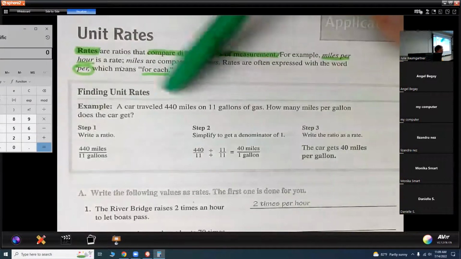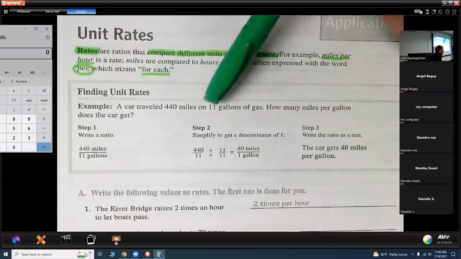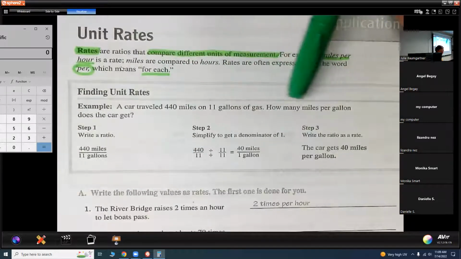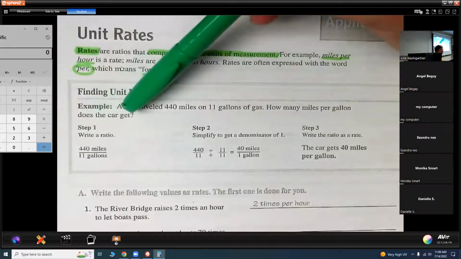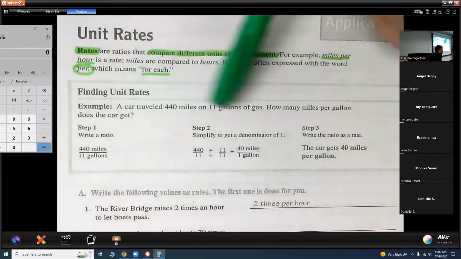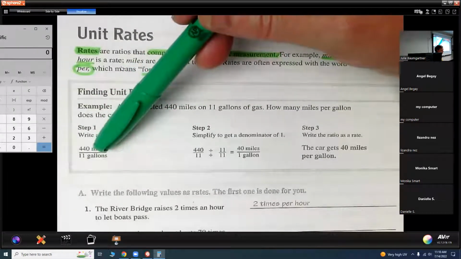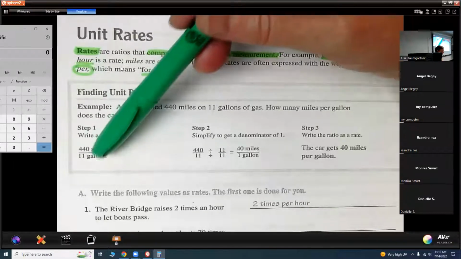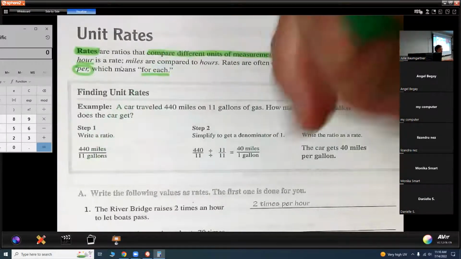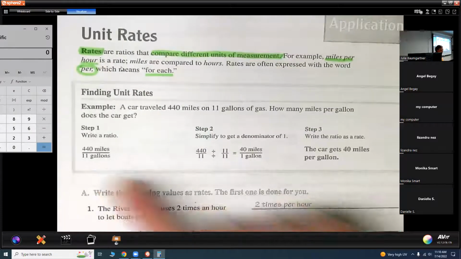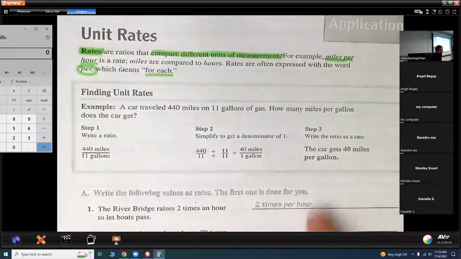So here's an example. A car traveled 440 miles on 11 gallons of gas. How many miles per gallon does the car get? Well, based on the data that we have, it went 440 miles with 11 gallons. So we just turn that into the ratio and simplify.